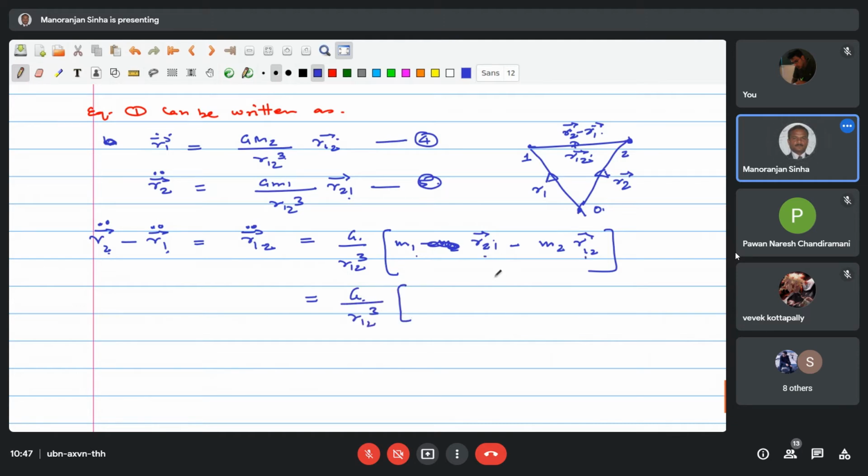R12 can be taken out. This quantity is nothing but minus R12, so we can put here a minus sign, and this becomes M1 plus M2 times R12.